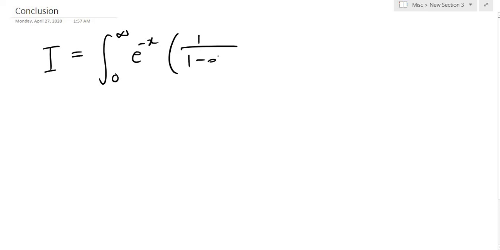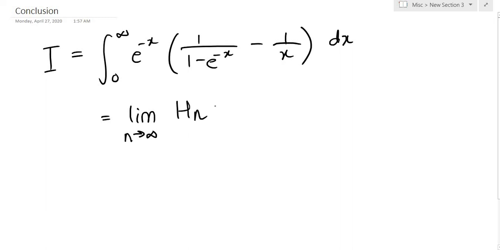So in conclusion, what did we do today? Today we had an integral that was defined as the integral from 0 to infinity of e raised to negative x, and in brackets we had 1 over 1 minus e raised to the negative x power minus 1 over x, dx, and that evaluated to, surprisingly, the limit as n approaches infinity of the harmonic series of n terms minus the natural log of n taken under a common limit.